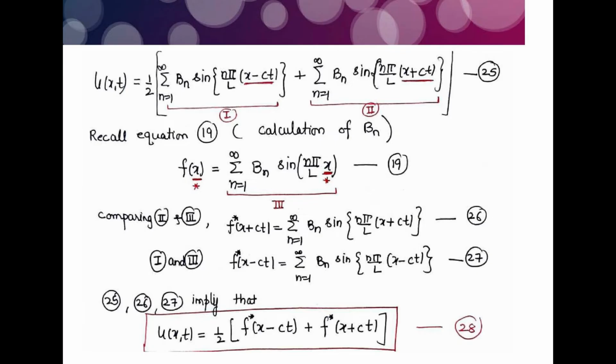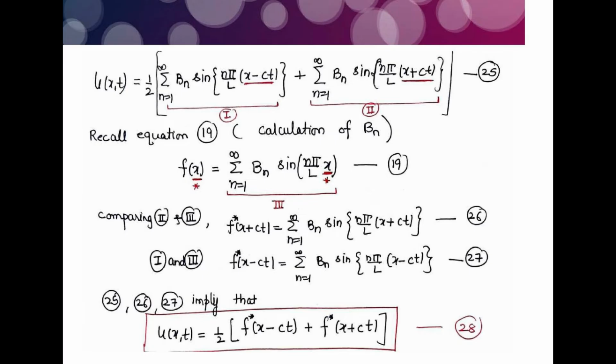Or we can simply say that in equation number 19, replace x by x plus ct. Then the right hand side of equation number 19 is the same expression as the second summation term in equation number 25. So the second expression in equation number 25 reduces to f of x plus ct.